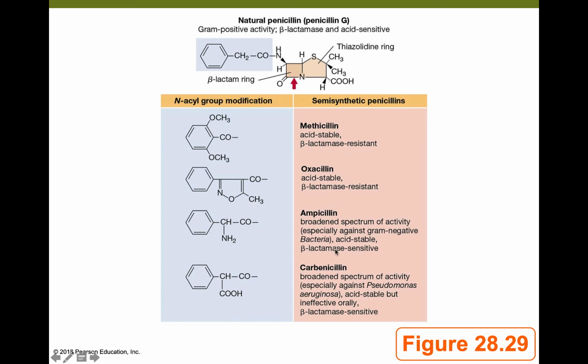However, things like ampicillin, while it's acid stable, it is beta-lactamase sensitive. And then carbenicillin is also acid stable, but it is beta-lactamase sensitive. So these modifications of these drugs have been really important to allow better efficacy, with the hopes of having less resistance. But of course, we all know that there is methicillin resistance because we are aware of methicillin-resistant Staphylococcus aureus.